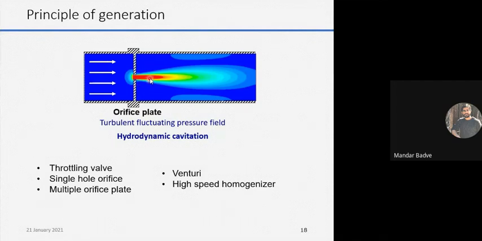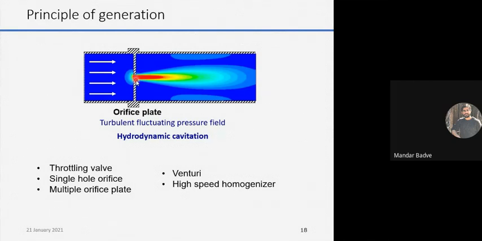But if the pressure goes below the vapor pressure of water, we all know that when the water reaches its vapor pressure, it boils, right? So when the pressure goes below the vapor pressure, the boiling takes place locally, so you get very small vaporous cavities, right? Because of the low pressure region which gets created here.